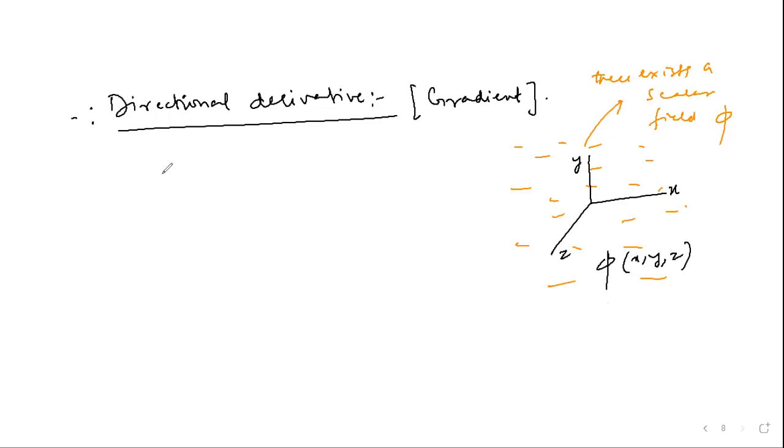When I say it is a field, that means that at every point it has a value. I want to find d phi by ds. This d phi by ds is called the directional derivative of phi. What is it actually?